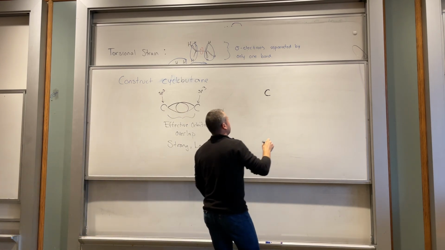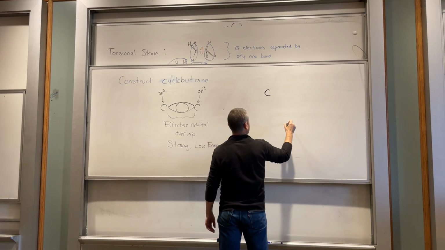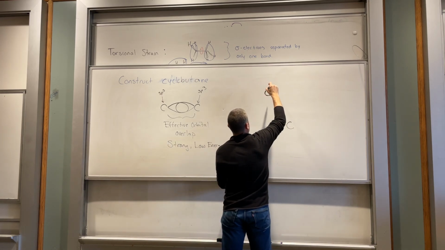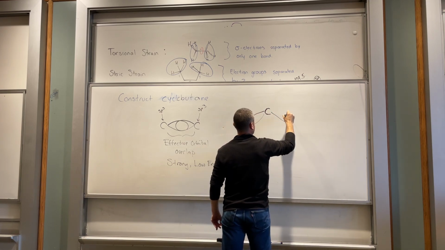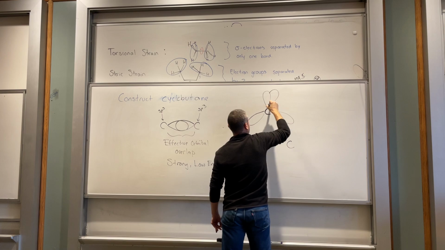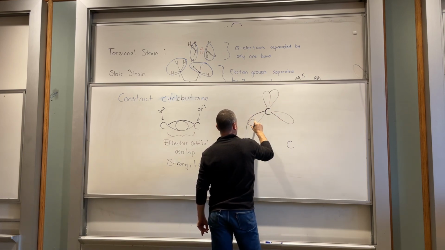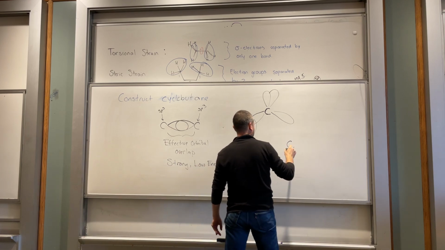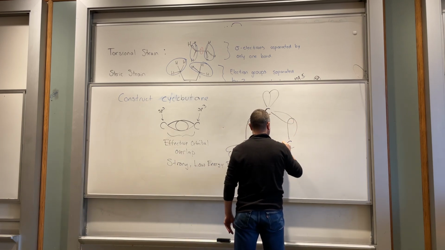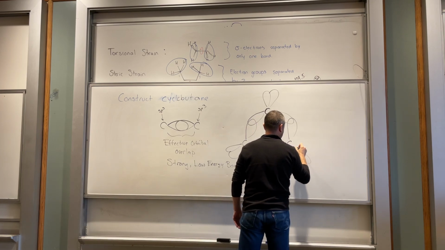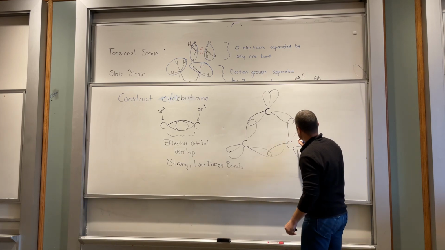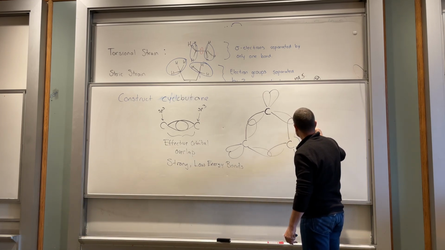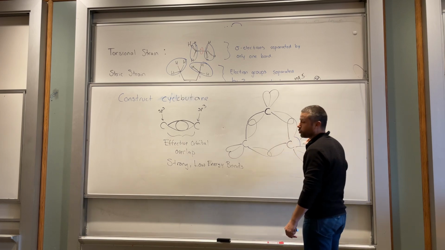All right, if we look at cyclopropane, remember, cyclopropane, the carbons are sp3 hybridized, so the orbitals coming off of those carbons are going to be at 109.5 degrees.